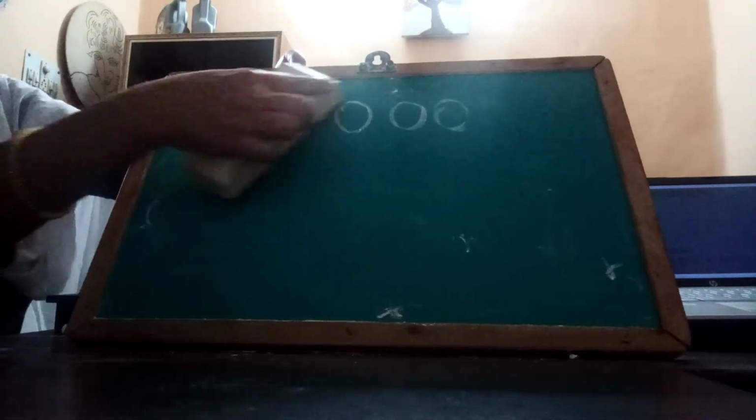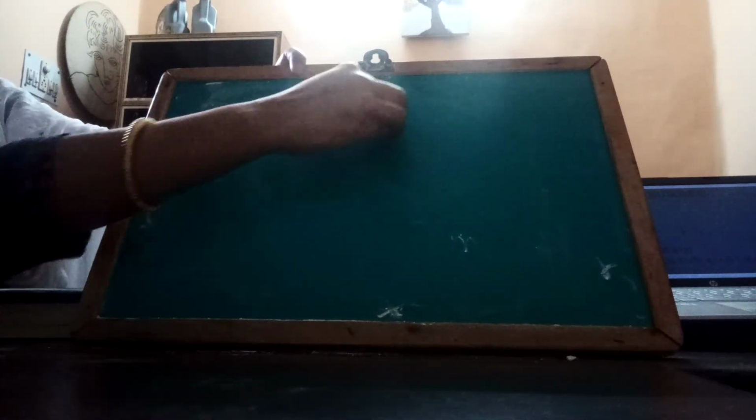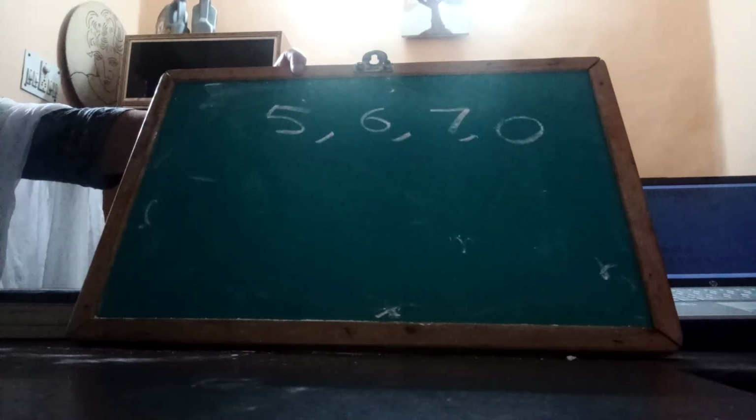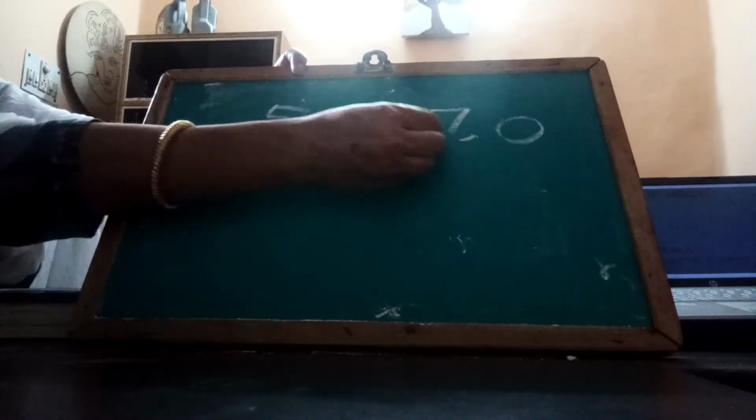Now, if you are given some digits, okay, 5, 6, 7, 0, and I ask you to form the greatest number using those digits, you will start seeing which one is the greatest digit here. 7 is the greatest digit.